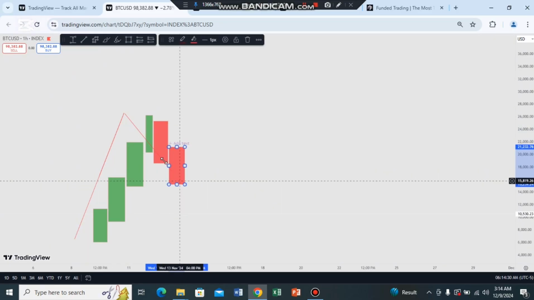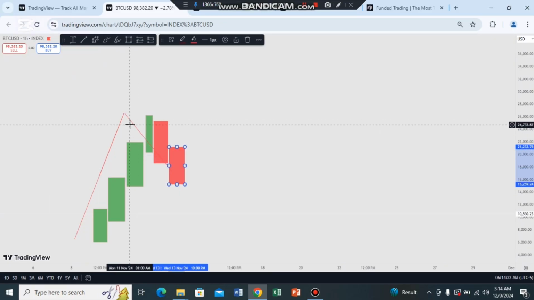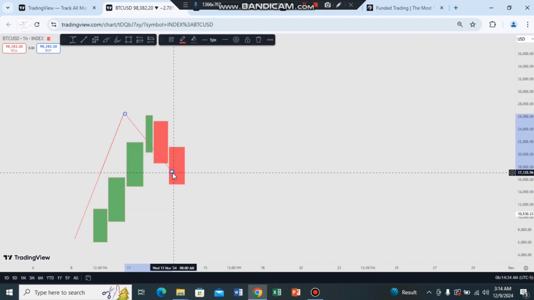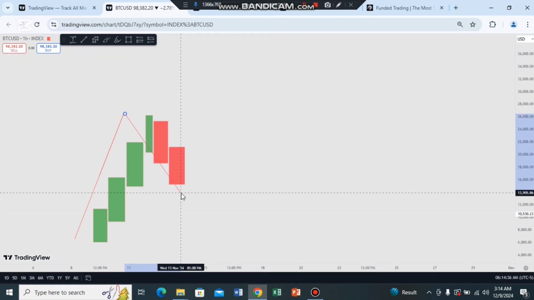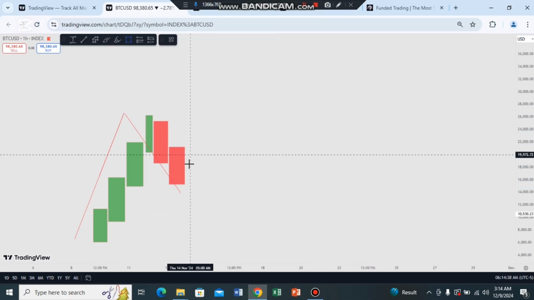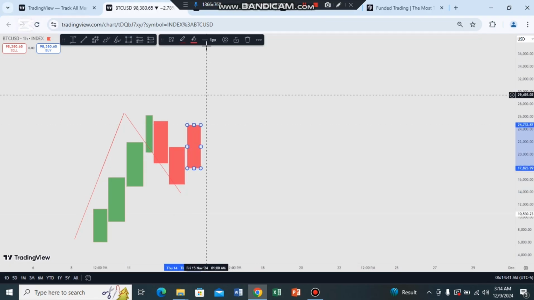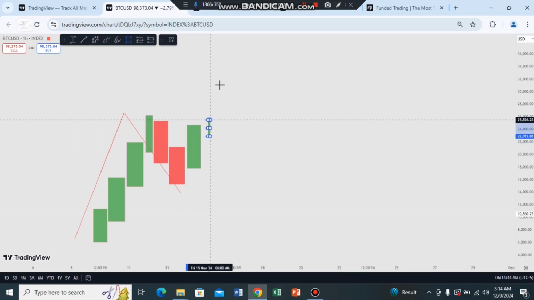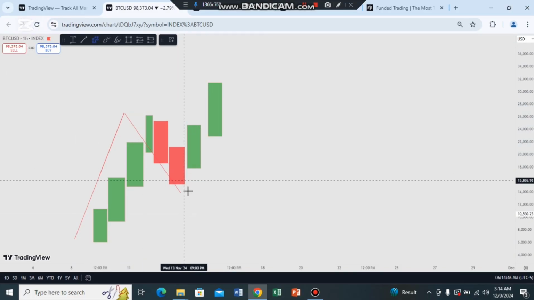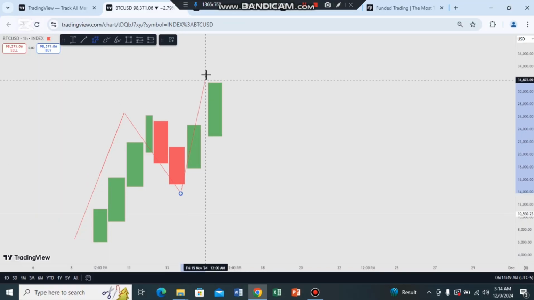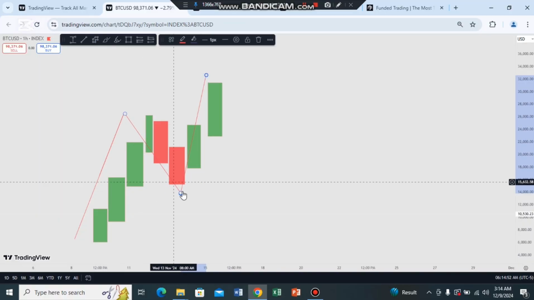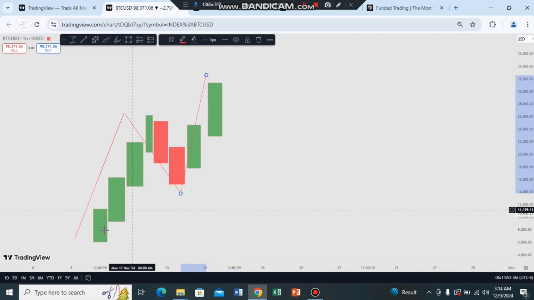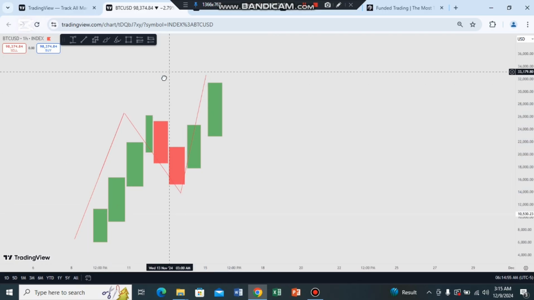So we got a pullback here. Let's suppose we got another candle, again it closed below the previous, so it's going down. Now let's suppose we get another candle, in this case a bullish candle, and now the price is going up. So you will draw another line. You got this pullback, and again you got this pump, and you can see this is a bullish trend.